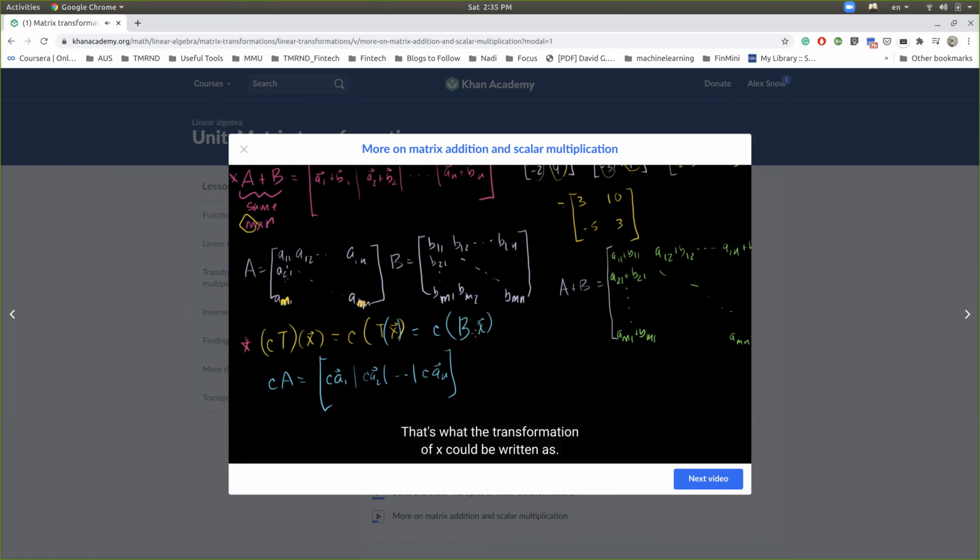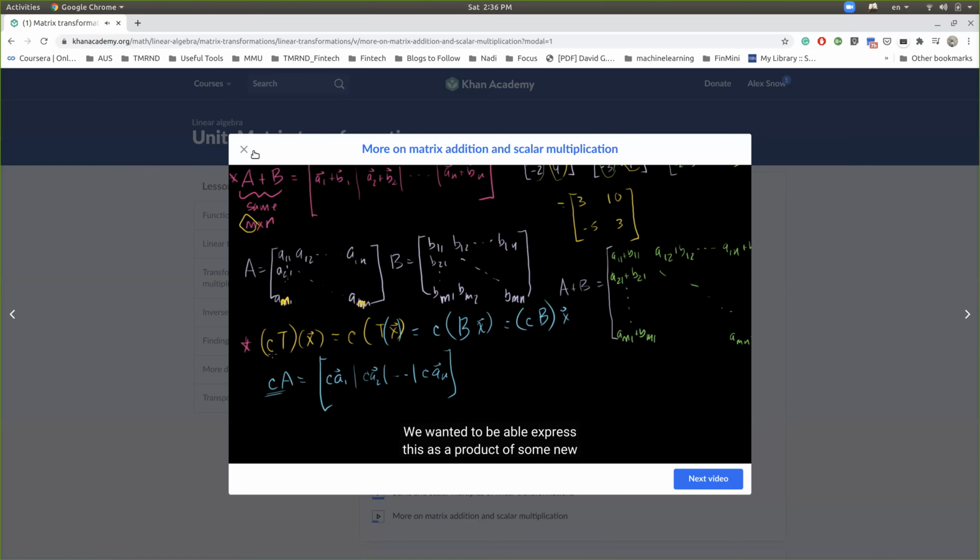By breaking this up into the column vectors, multiplying them by each of the components of x, and then distributing the C and rearranging a little bit, as we did in the last video, we can now say, using this definition, that this is equal to some new matrix CB, where it's essentially C times each of the column vectors of B, times x. This right here was our motivation.